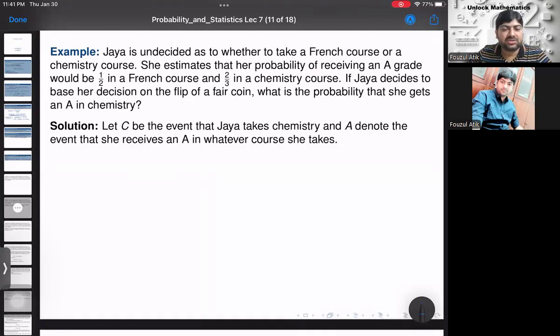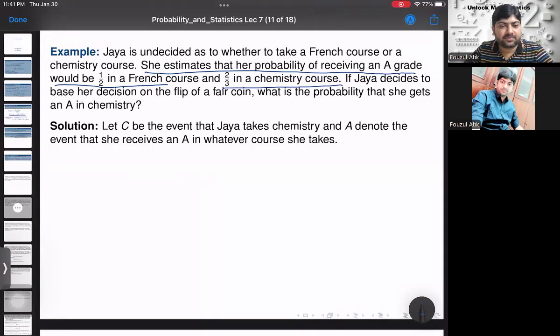Now again you pause the video and understand from this question what things are given. Correct? So the question says she estimates that her probability of receiving an A grade would be 1 by 2 if she takes a French course, and it is 2 by 3 if she takes a chemistry course.